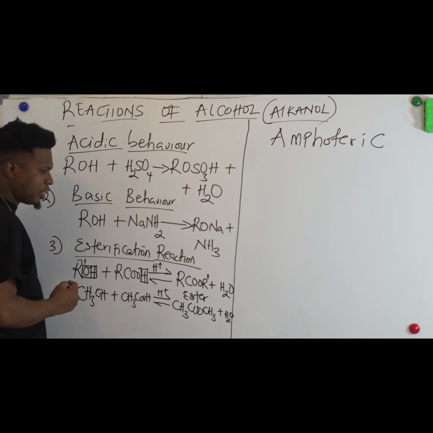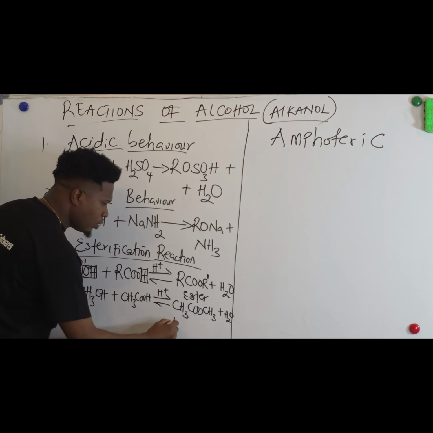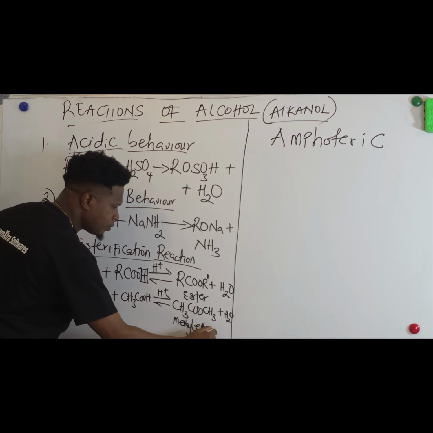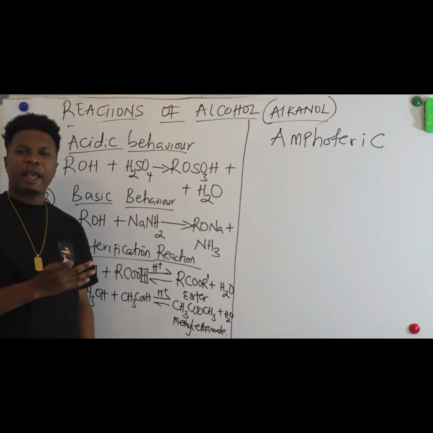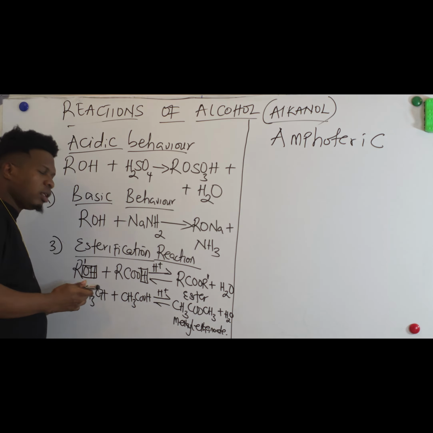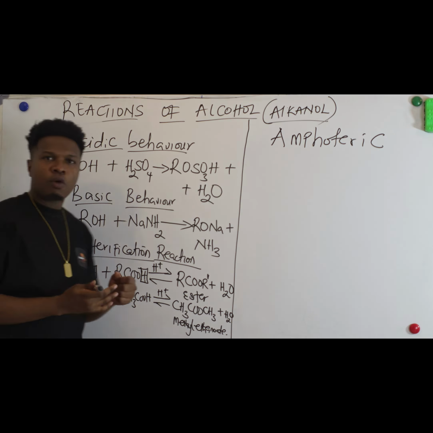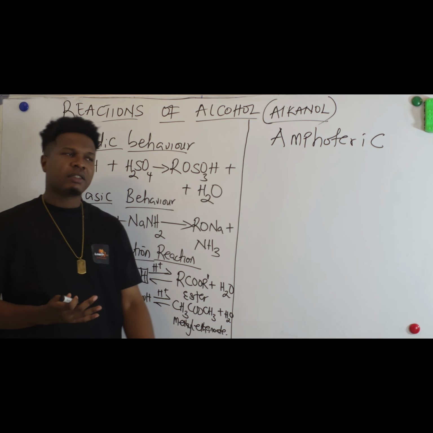At the end of this reaction, what is produced is called methyl ethanoate. So this is what we call esterification reaction. The backward reaction is what we call hydrolysis of an ester. When you hydrolyze this ester, you get back the two components that gave this reaction.